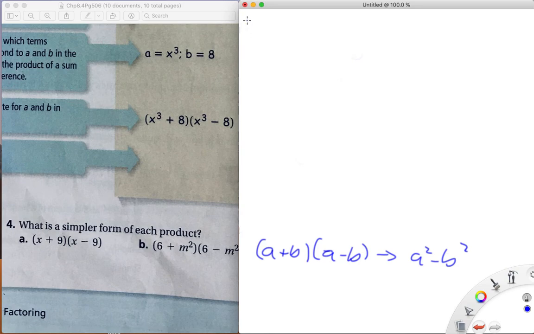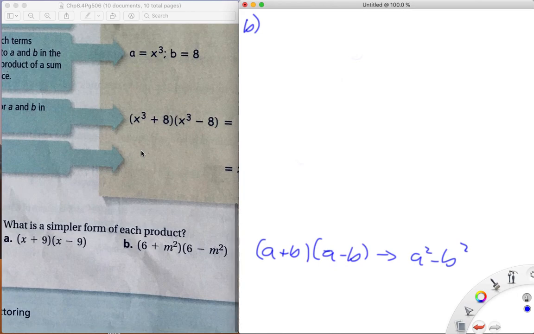Got it, b. We have 6 plus m squared times 6 minus m squared.